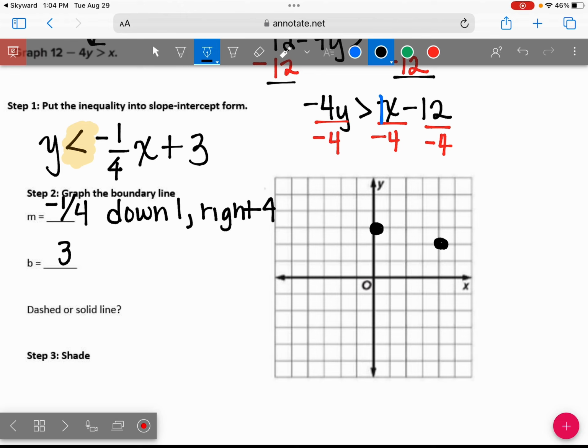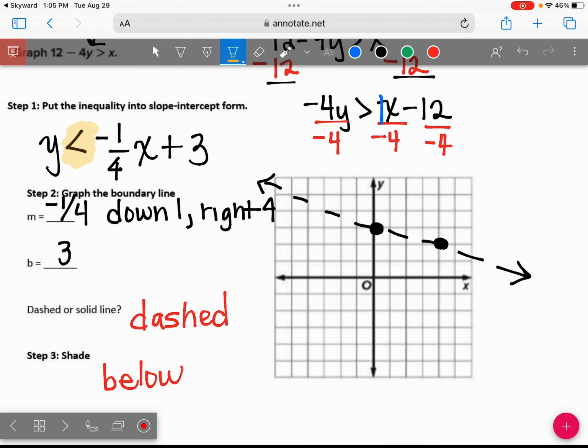And this time when you draw your line, you have to lift your pencil up. It should be a dashed line. So this is a dashed line. And I'm going to shade below.